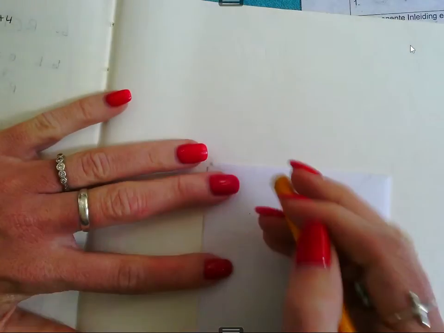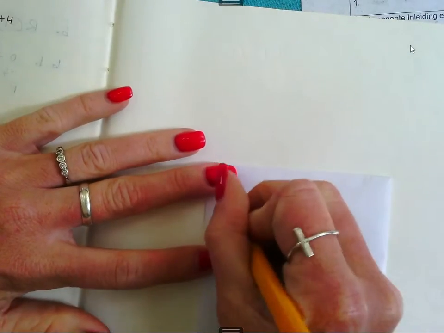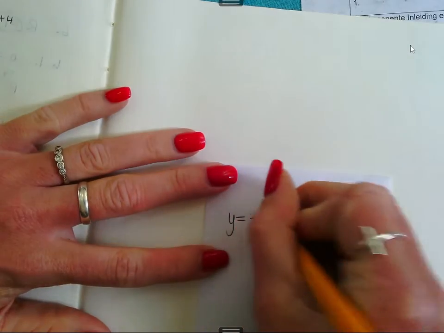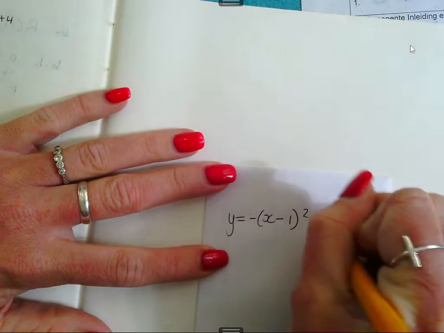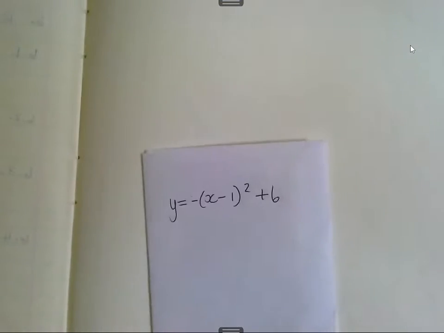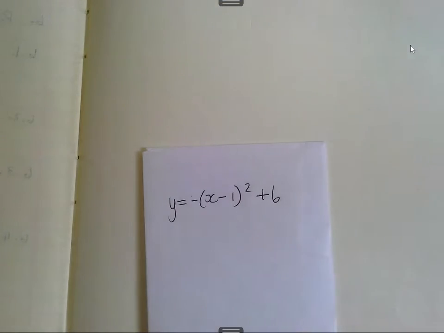If I have standard form 2, let's say it's negative (x minus 1) squared plus 6. If I have an equation in standard form 2, except for me being able to read the turning point, I also have something else that I can use.